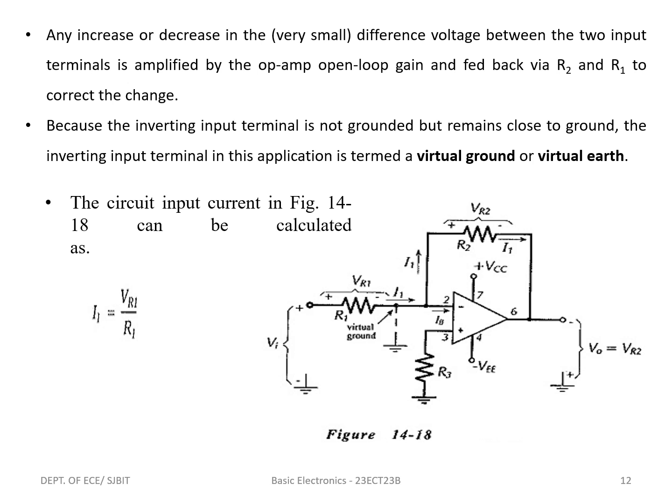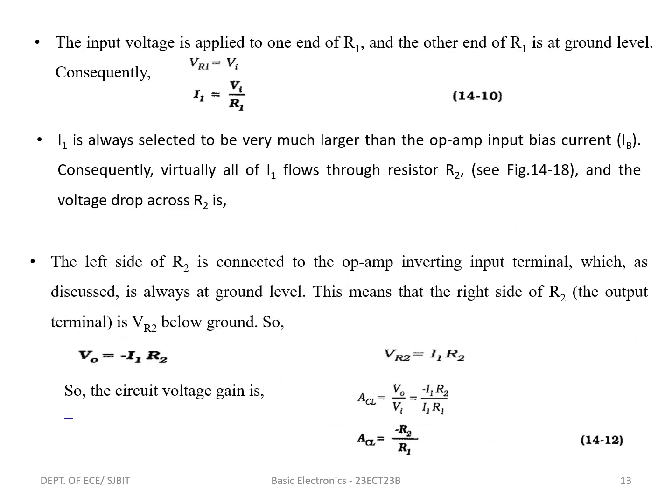The circuit input current can be calculated as I1 equals VR1 by R1. The input voltage is applied to one end of R1 and the other end of R1 is at ground level. Consequently, VR1 will be equal to VI, and I1 will be equal to VI by R1. I1 is always selected to be very much larger than the op-amp input bias current IB. Consequently, virtually all of I1 flows through resistor R2.